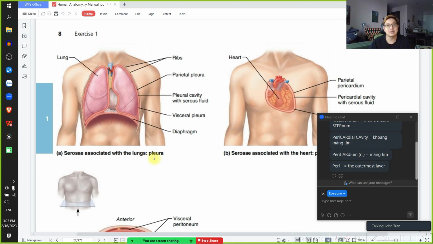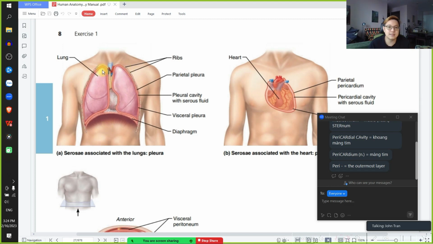So pleura is especially the name for the serosa that surrounded or associated with the lung. Thì có rất là nhiều cái loại serose hay là màng nhầy, nhưng mà nếu nó bao bọc xung quanh phổi thì nó gọi tên riêng của nó là pleura. So there are many kinds of serose around the body. But if it surrounds the lung, it is called pleura. Okay?